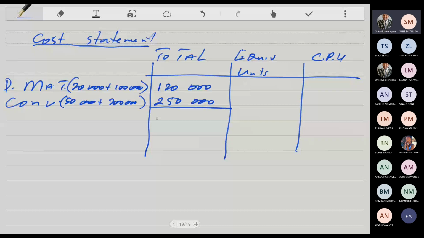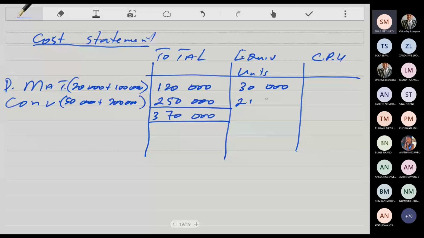Our equivalent units are 30,000 and 21,200. So 120,000, we divide it by 30,000. It gives you 4 rands.